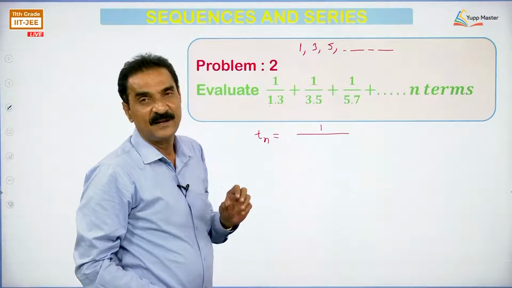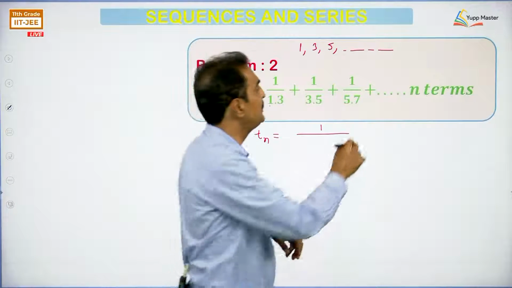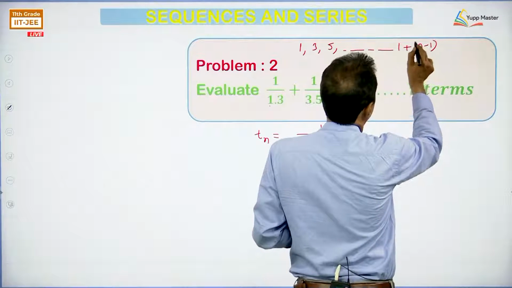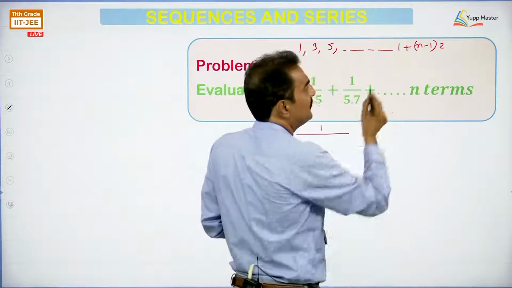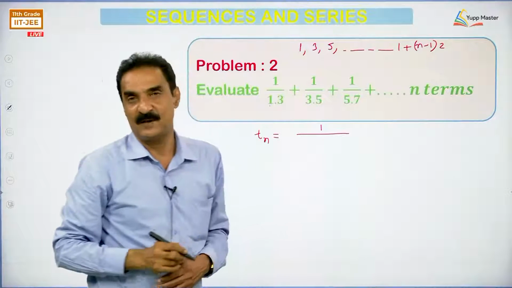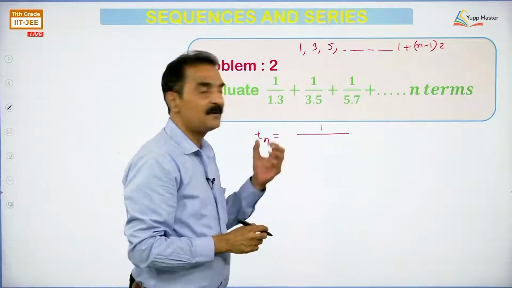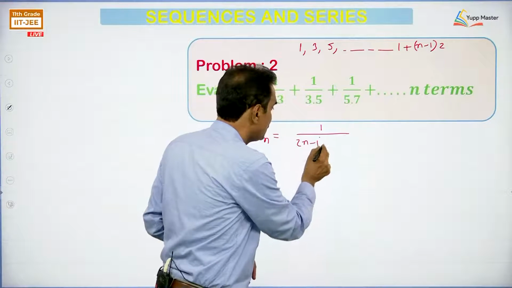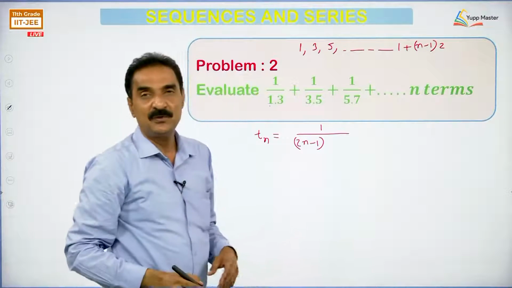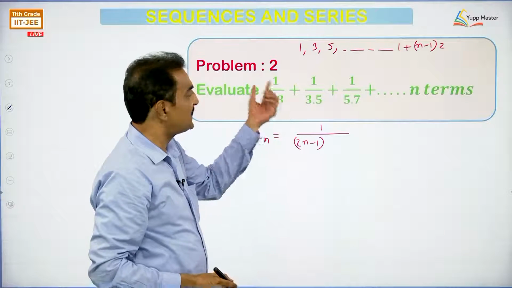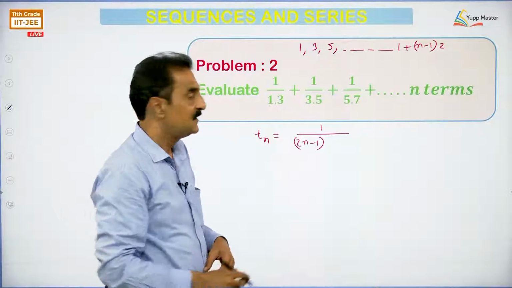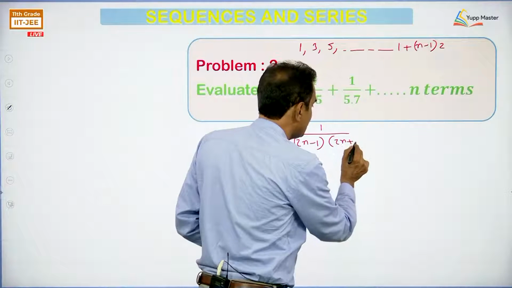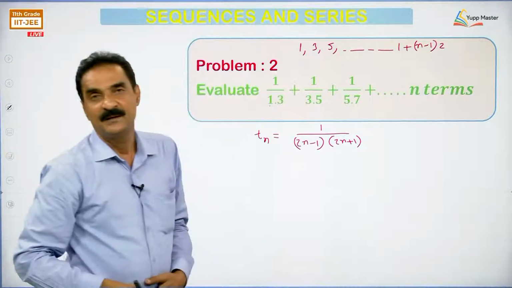So, the formula for the nth term is a plus n minus 1 into d, that is 1 plus n minus 1 into 2. What is it? 2n minus 1. So, the first factor of the nth term is 2n minus 1. How do you get the second factor now? First factor plus 2 will be the second factor. So, this plus 2 will be 2n plus 1. This is the second factor of the nth term.